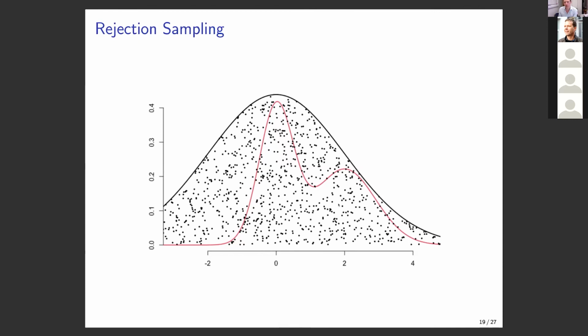Here I've scaled each of the samples with a random uniform so that it lies between the curve and the x-axis. Then all you have to do is accept the samples that lie beneath the red curve, and you can see immediately that what you're getting is a sample from the red curve. That's very nice. It gives you exact samples from the difficult to sample from distribution.